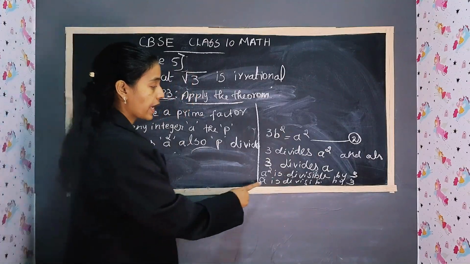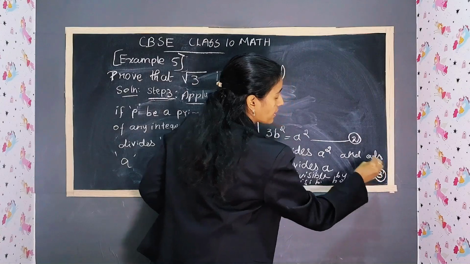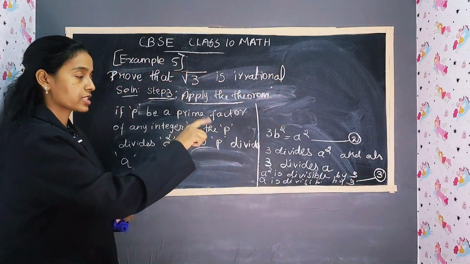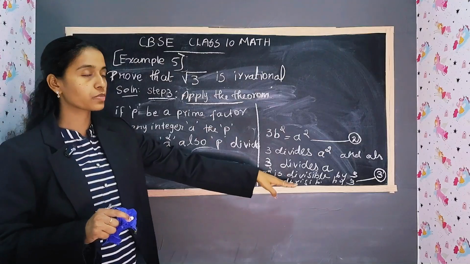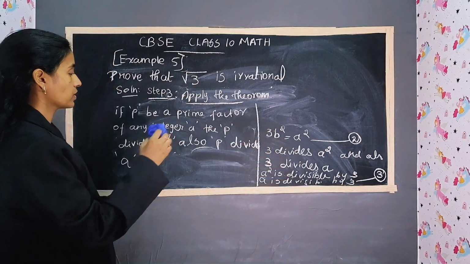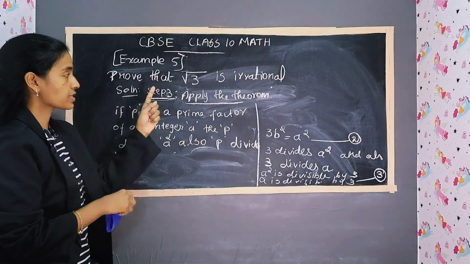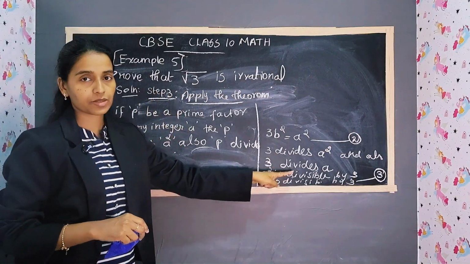Here, the thing is A is divisible by 3. We want that equation. We can take this as equation number 3. Right? A is divisible by 3 and this is step number 3.